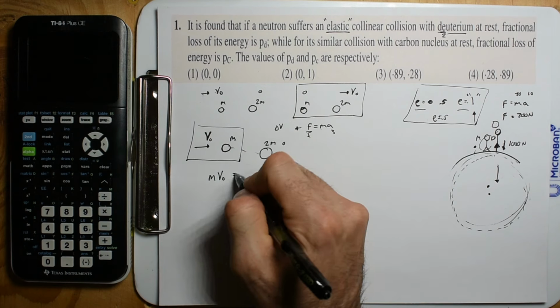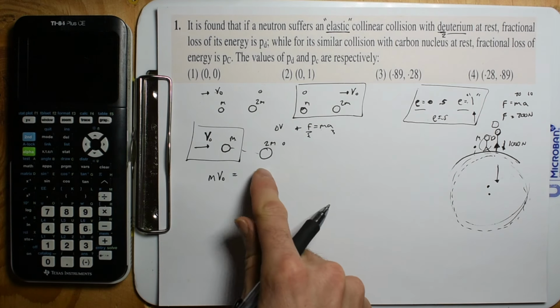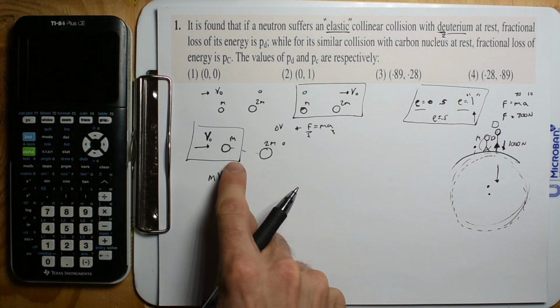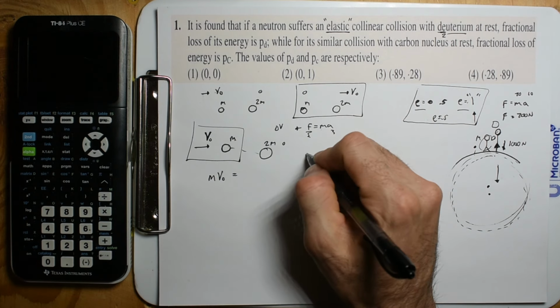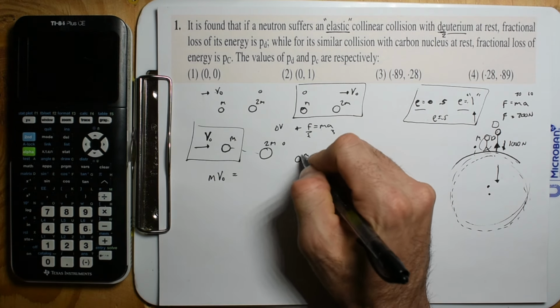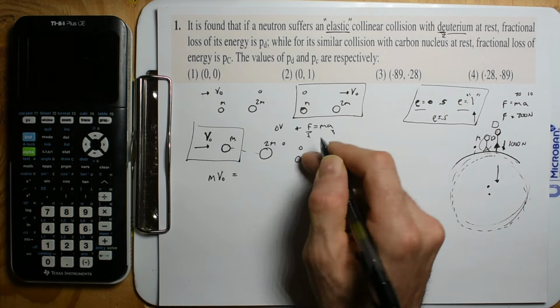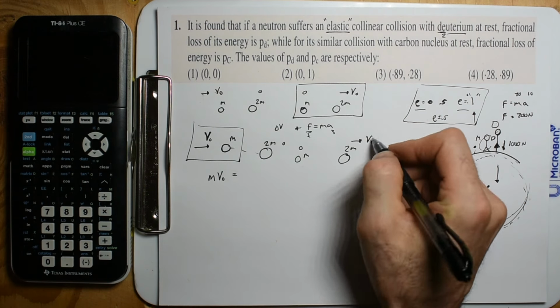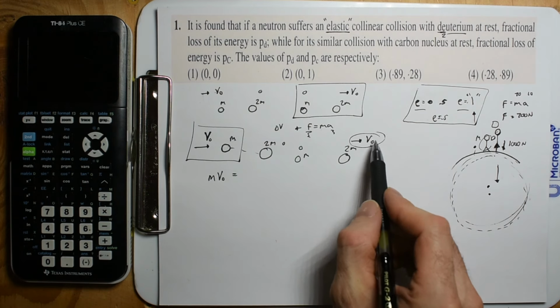So now just pick some scenarios. Let's pick the scenario where this mass has 0 velocity, and this 2m now has a velocity of v naught.